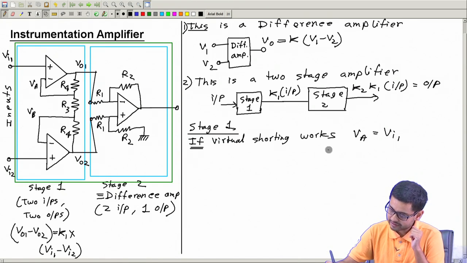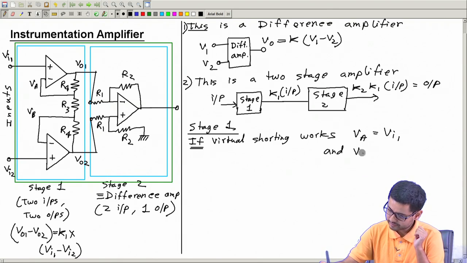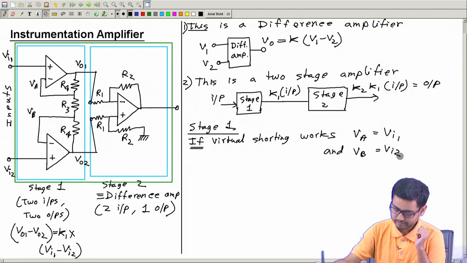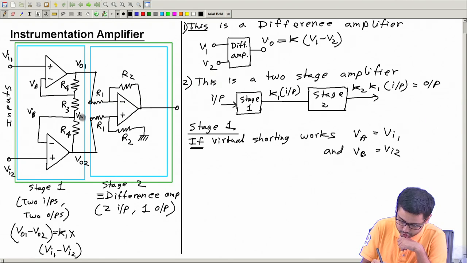And similarly, for this op amp, Vb will be equal to Vi2. So this is the same as Vi2, this is the same as Vi1.